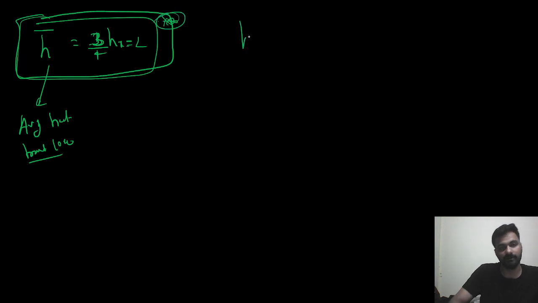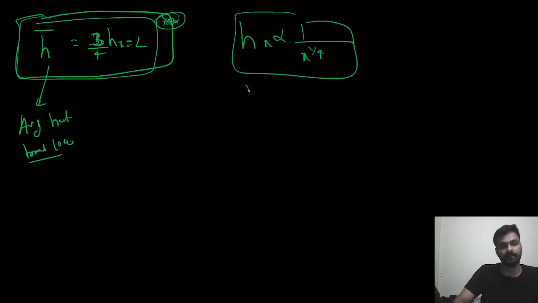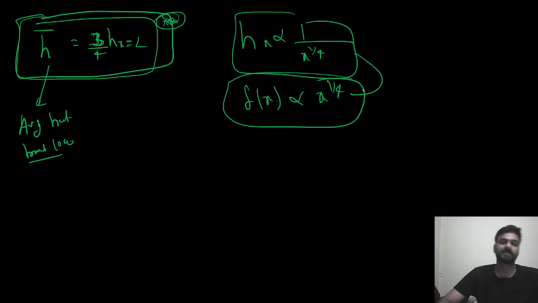So here we have got that Hx is inversely proportional to x to the power 1 by 4, and delta x was directly proportional to x to the power 1 by 4. So these two correlations are very important.